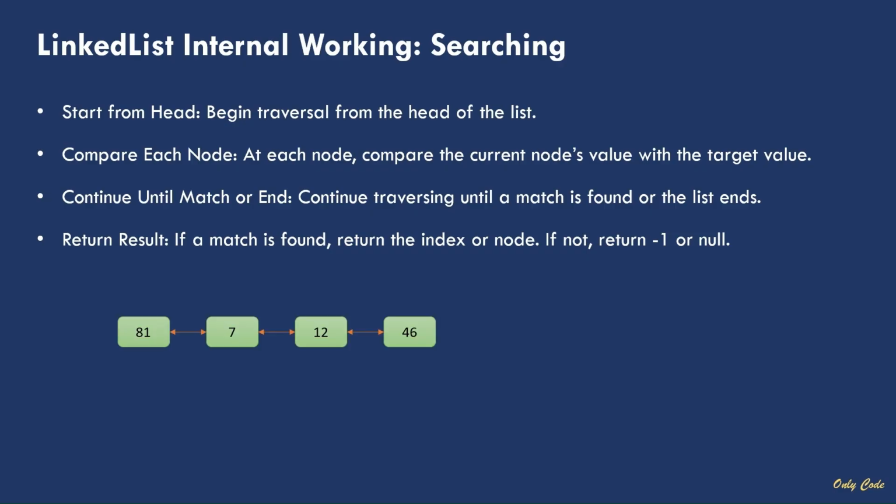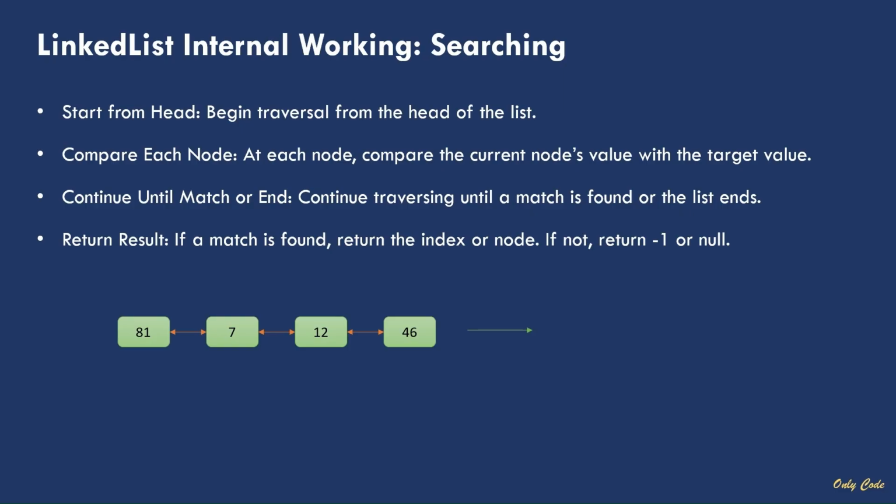Consider a linked list with 4 elements: 81, 7, 12, and 46. Now, let's search for the value 18 in the list. We begin the search from the head of the list, where the first element 81 is not equal to 18. So, we move to the next node. We continue this process, checking the elements 7, 12, and 46, but none of them match 18.